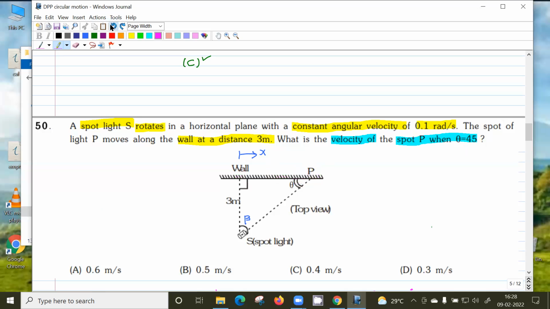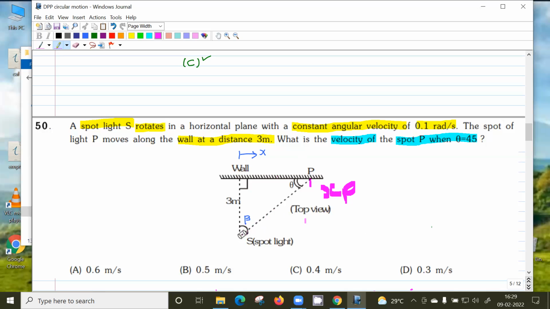So you just have to write the expression for xp. Let the coordinate of this point be xp. P is a point which is moving. And this angle is beta, say. So I can write tan beta as xp divided by 3. Beta is changing, no? Yes, tan beta is xp divided by 3. So now differentiate both the sides.